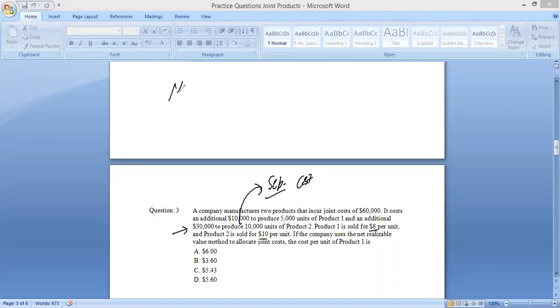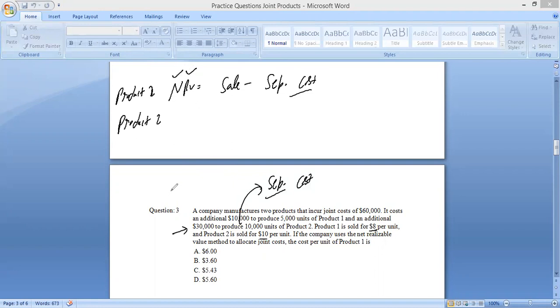First of all, let me recall the formula of net realizable value. From the sales price, students, you have to subtract the separable cost. So in order to apply the net realizable value method, you first have to calculate the NRV for product 1, and then for product 2, and we calculate the weightage on the basis of NRV.